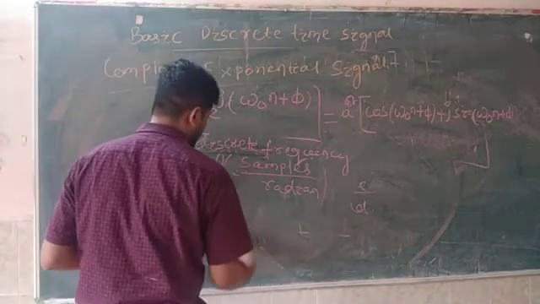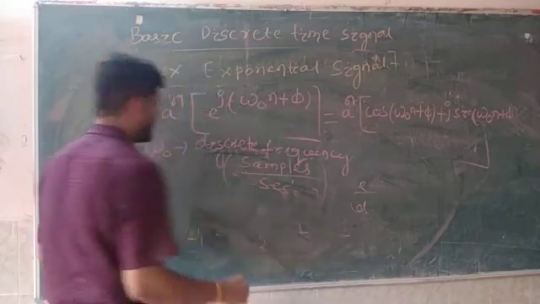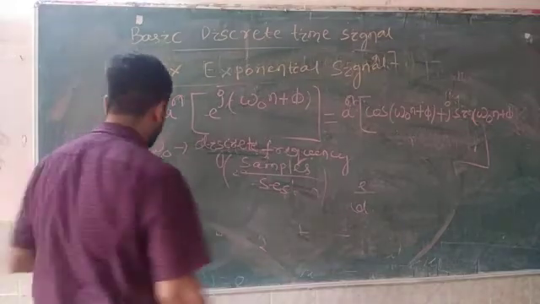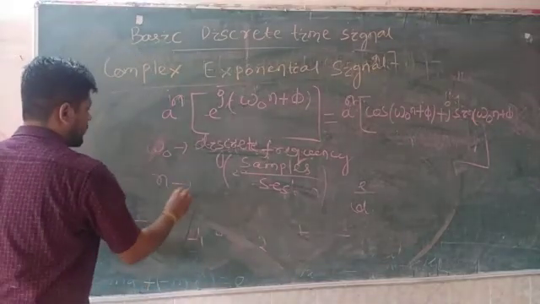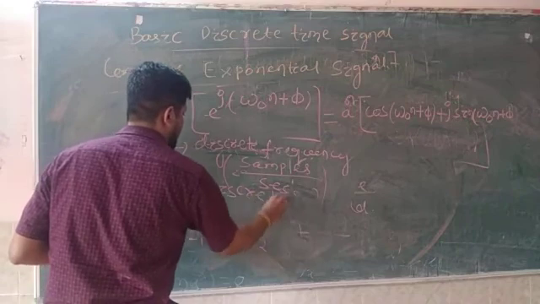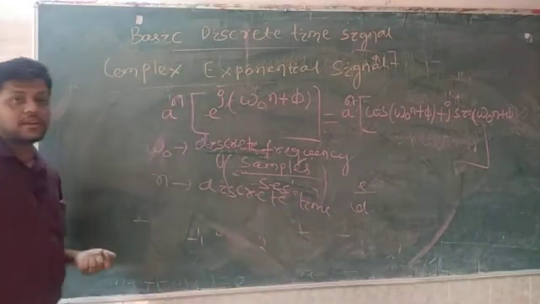Sorry, samples per second is the unit for this discrete frequency. Then n is obviously your discrete time. So this is very, very important.